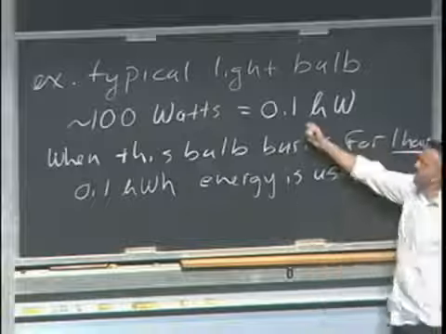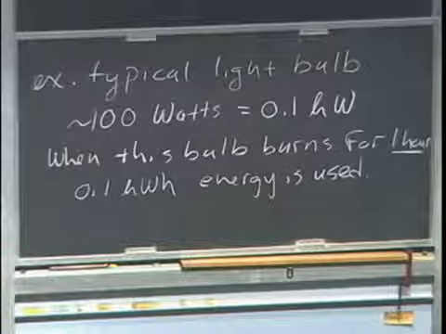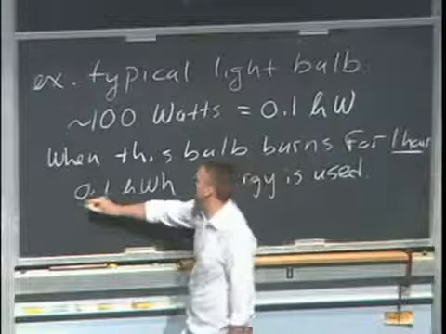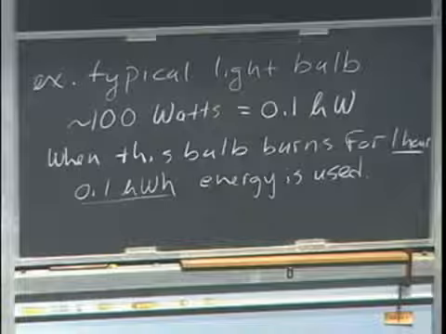Okay, so 0.1 kilowatts, it's the energy per unit time. You multiply it by 1 hour, and you get 0.1 kilowatt hours, okay, is used in that 1 hour. Okay? So that's for a typical light bulb.